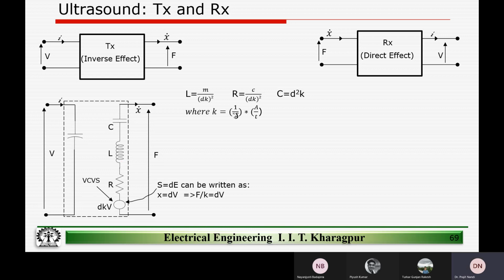When we are talking of the two-port equivalent model of the receiver, we are talking of the direct effect, because we are applying a mechanical signal at the input, and we are getting an electrical signal at the output. Please note, whatever parameters or signals appeared on terminal 2 for the transmitter, the same parameters are appearing on terminal 1 for the receiver.